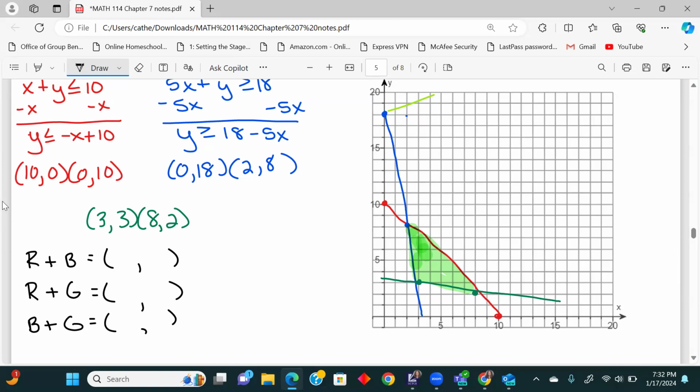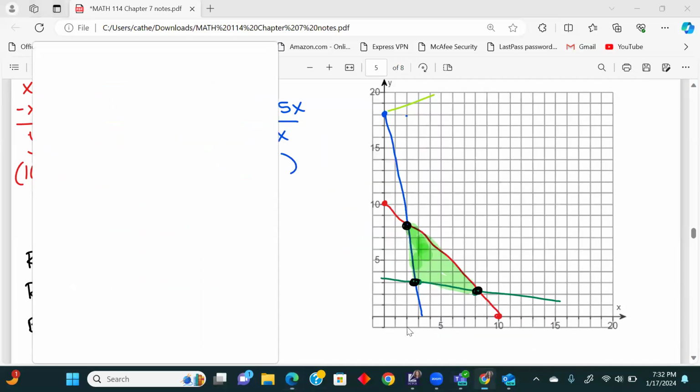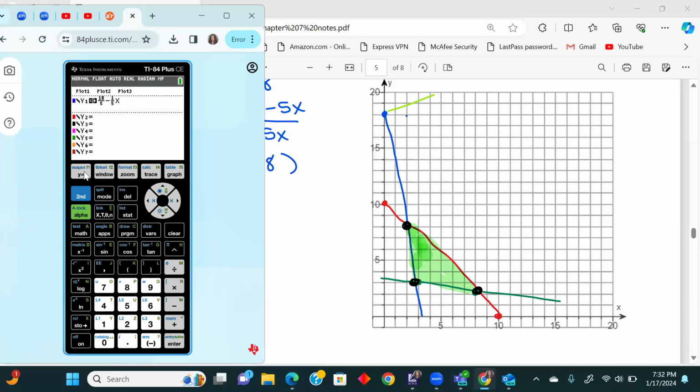Okay. Where the red and the blue meet is right here. That's 1 corner point. Where the red and the green meet is right here. That's another corner point. And then where the blue and the green meet is the 3rd corner point. Okay, so I'm going to use that. Oops, at the wrong tab. All right, let's go to y equals.